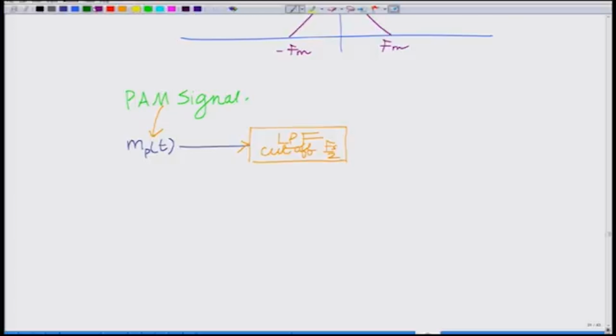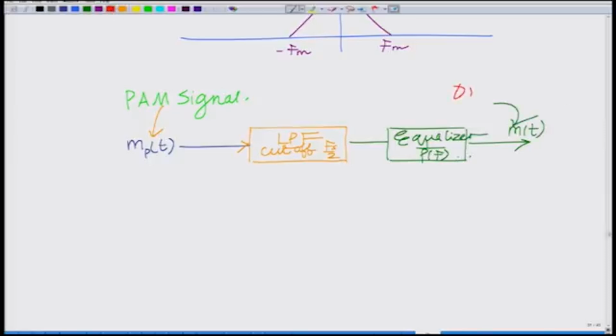Follow this by equalizer, that is 1 over Pf, and then you get back M of t, which is the original message signal, of course noting that if there is no aliasing. This is the original message signal.